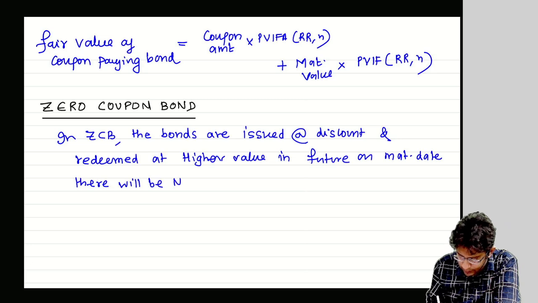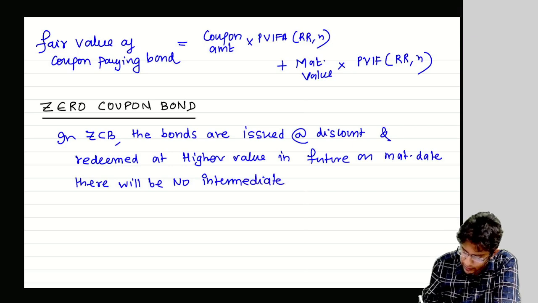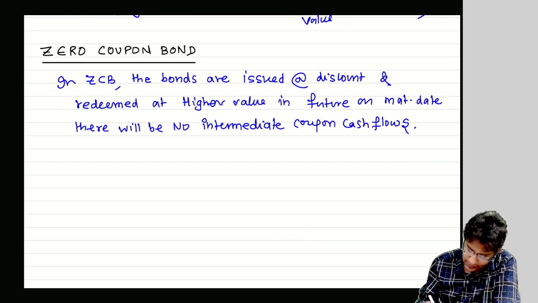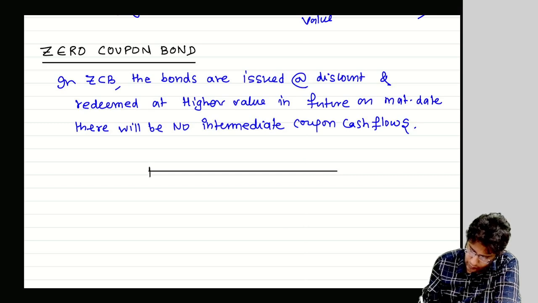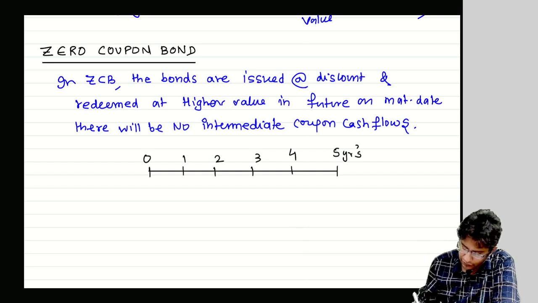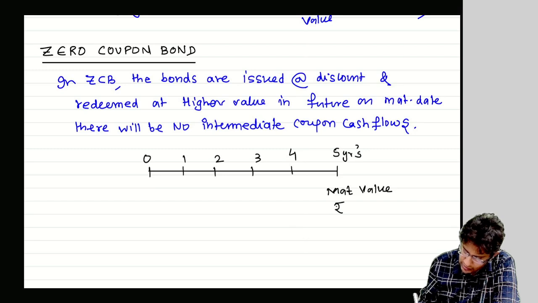There will be no intermediate coupon cash flows. It will be like this: 0, 5 years, first year, second year, third year, fourth year, nothing you will get. Fifth year, directly you will get the maturity value. Let's say maturity value is 100.